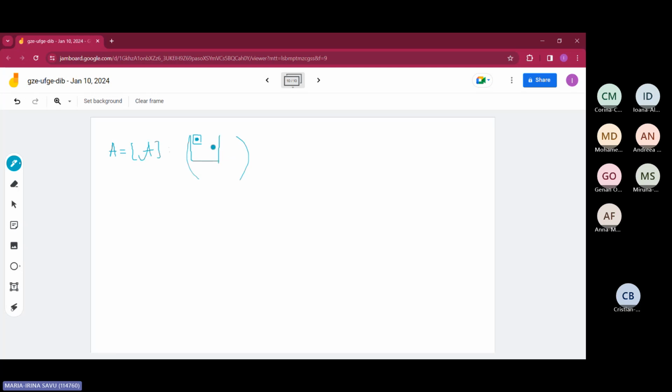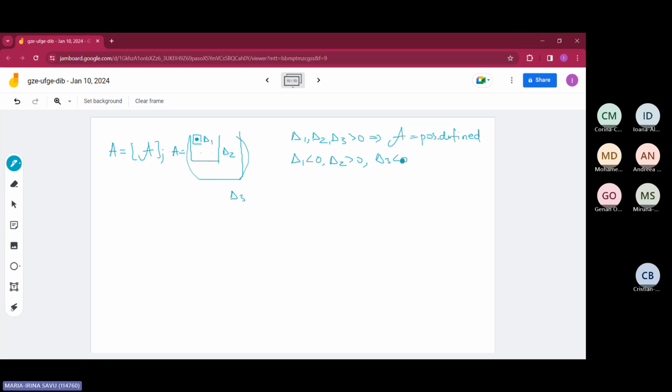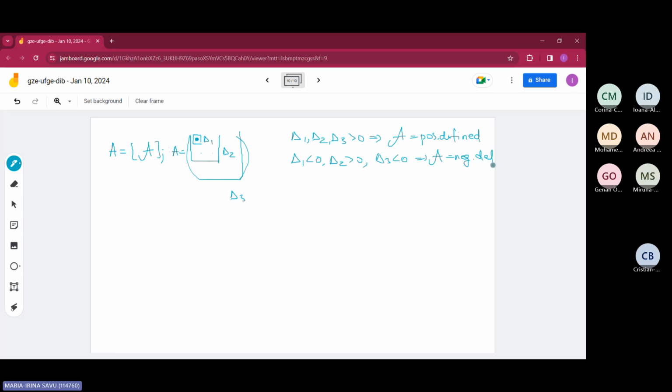This one is the minor of order 2, delta 2, and delta 3 is that of A. If delta 1, delta 2, delta 3 are positive, it means that A is positive defined. If delta 1 is negative, delta 2 is positive, delta 3 is negative, A is negative defined.